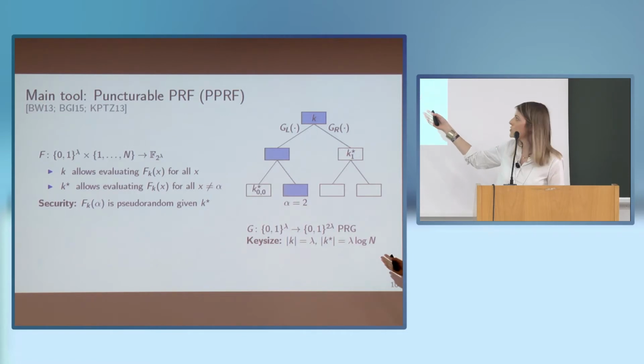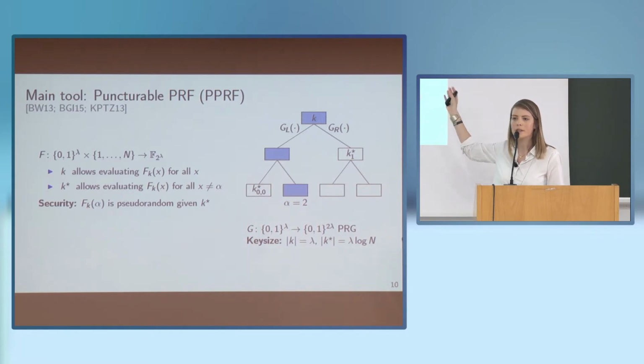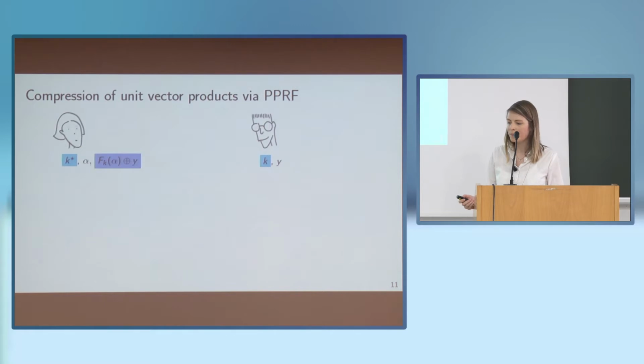But if you want to puncture it at one point, you can just give as a punctured key all the points that are off the path, and this will allow you to evaluate everything except for this one value. The size of the key is then, because you need a key for every level of the tree, and our input space is 1 to n, lambda log n. So log n times the key.